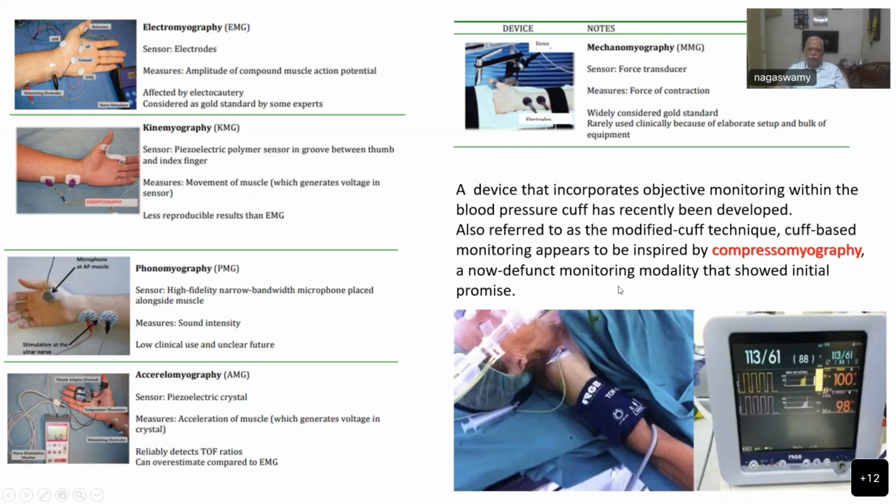So this compressomyography uses something like a blood pressure cuff itself, and you can see the display: this is the oxygen saturation and pulse rate, and this is the display of the contractions.